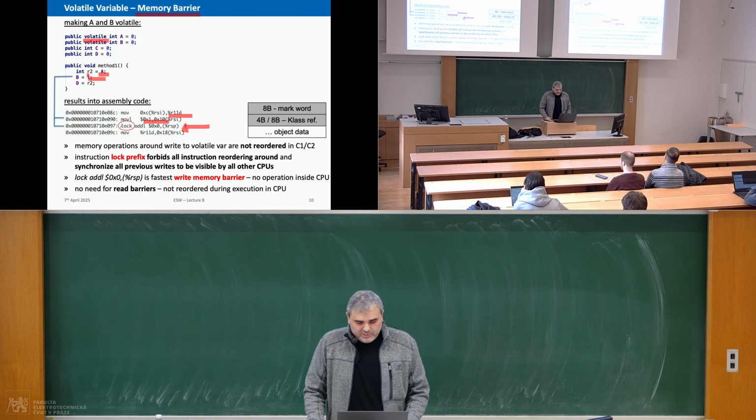That is an instruction having the assembly prefix lock, and that lock prefix forbids the hardware infrastructure inside the CPU from performing any reordering around this instruction. That's one thing. It also performs a flush of the previously cached writes.